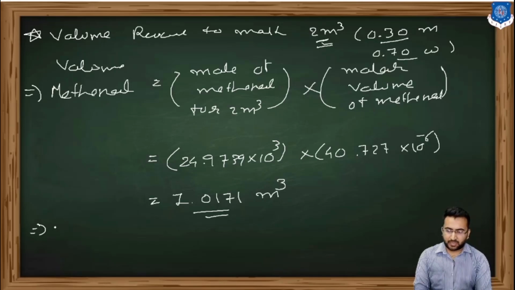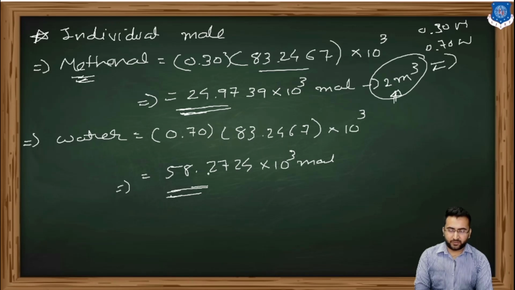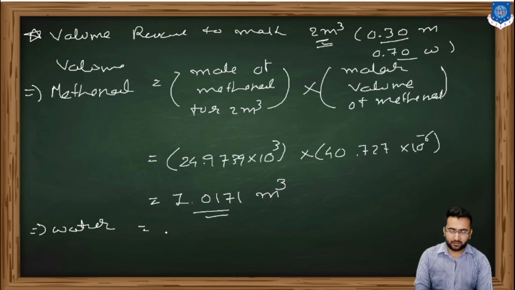Now similarly we can also calculate for water. For water, the mole of water for 2 meter cube is 58.2724 multiplied by 10 raised to 3, multiplied by the molar volume of water.